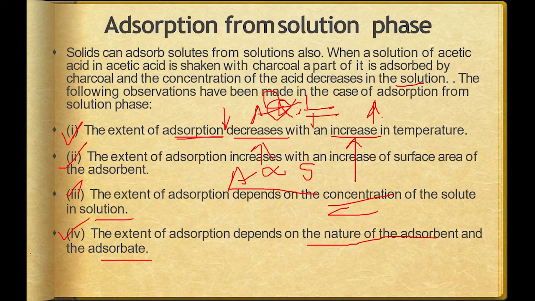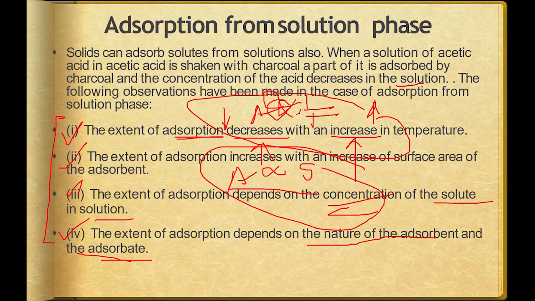The extent of adsorption depends on the concentration of solute in the solution, and on the nature of adsorbent and the adsorbate. These 4 points are very necessary to remember, and this representation also. This is something which can have a direct question in your paper.